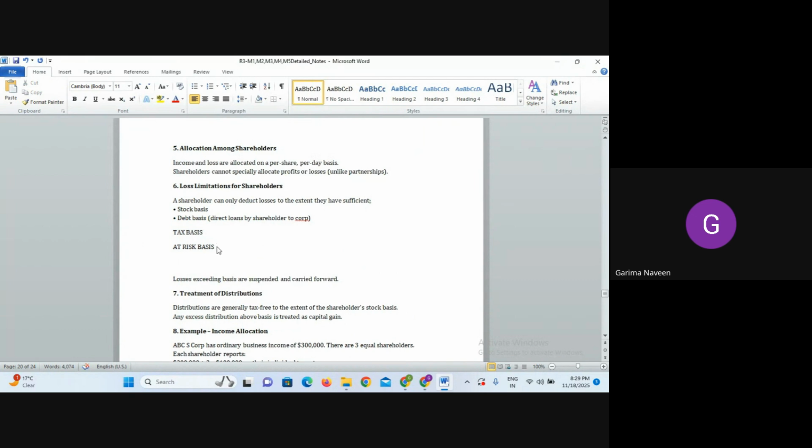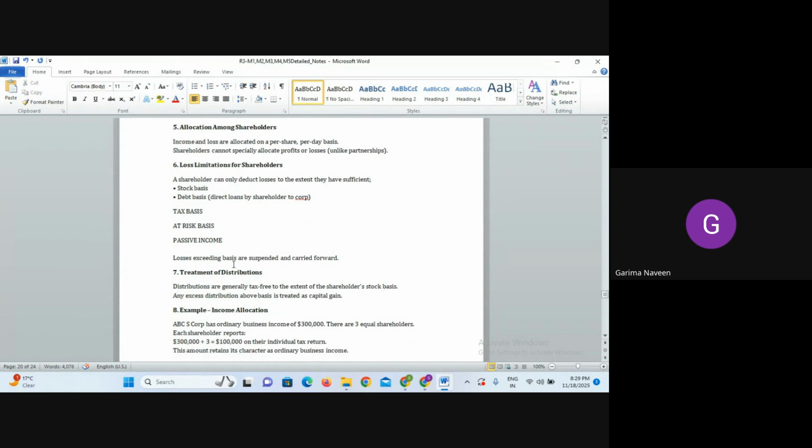Next, after these limitations, the next limitation applicable is your passive loss limitation. That means you can reduce your passive losses only up to the amount of passive income, and the excess you need to carry forward.